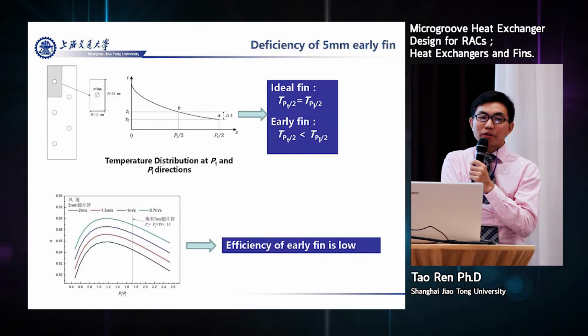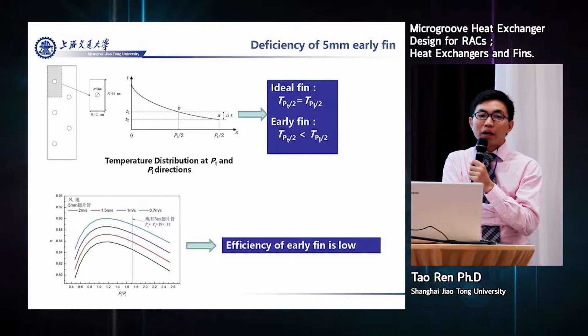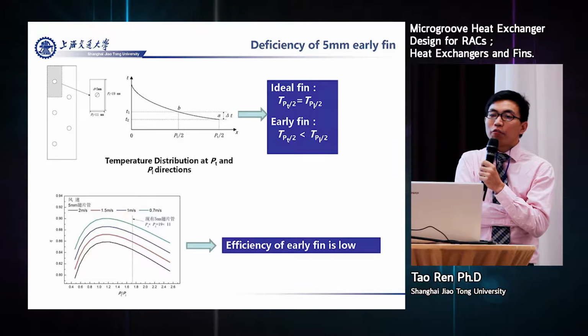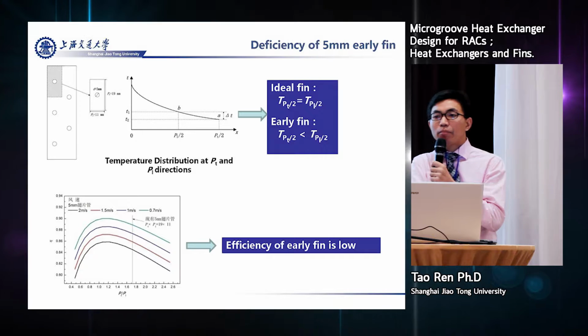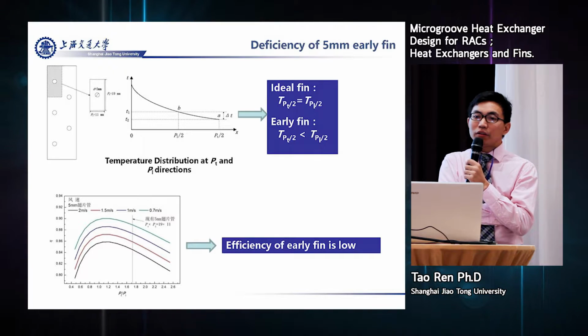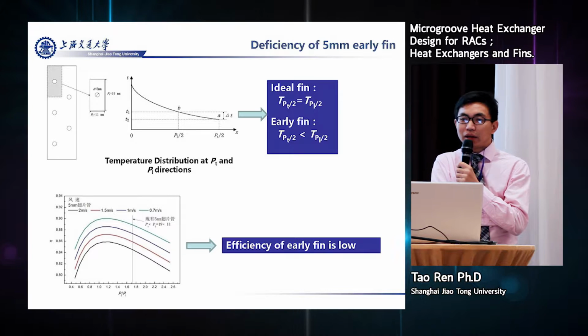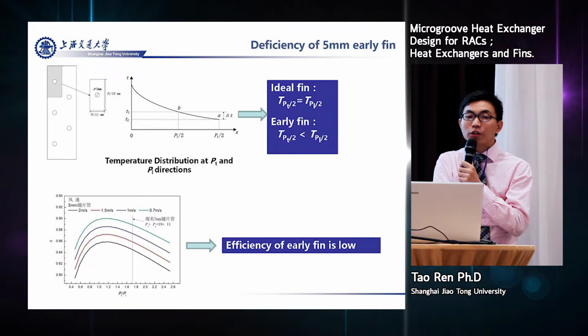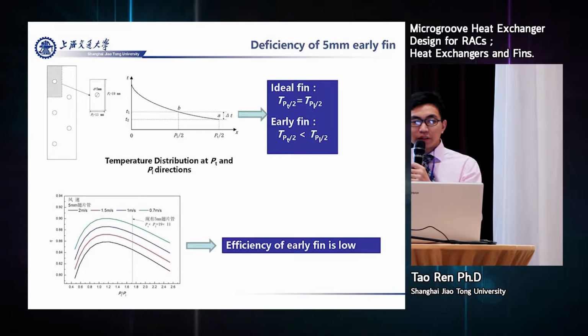And in 7 millimeters, we have some changes. We make 21 multiply 12.7, and we also have the 21 multiply 18.2. And some manufacturers get 21 multiply 22. Very wide fin.